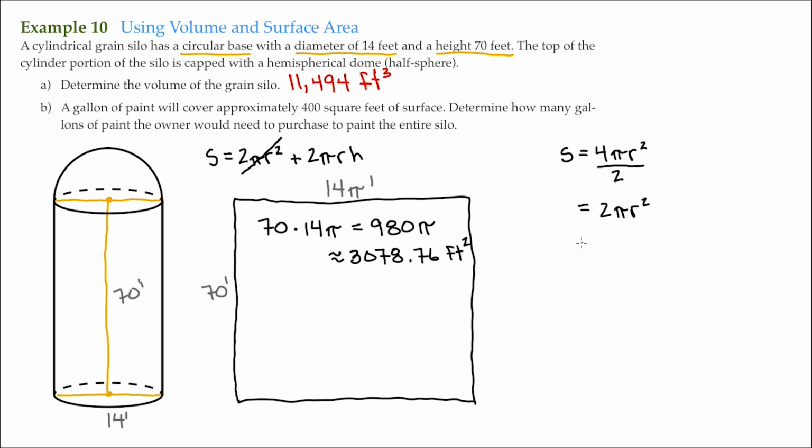R again is the radius. So this is going to be 7 squared times 2 pi. That's equal to 98 pi square feet. And of course, this is the exact answer. Using your calculator, you type in 98, you multiply that to pi. That comes out to be approximately 307.88 square feet.